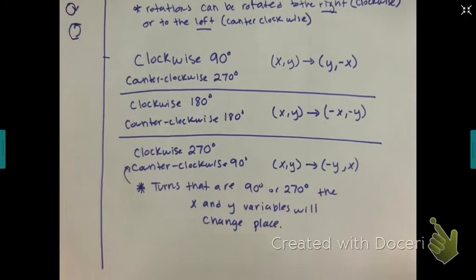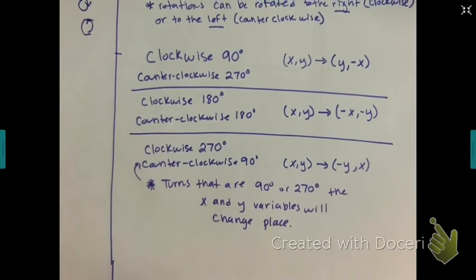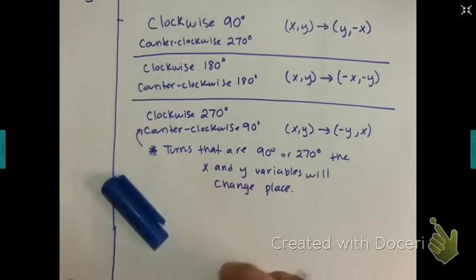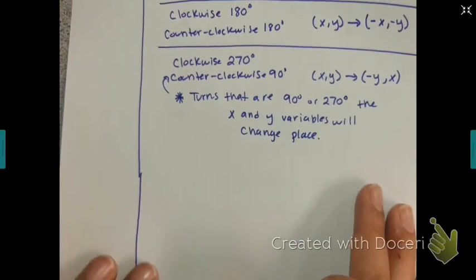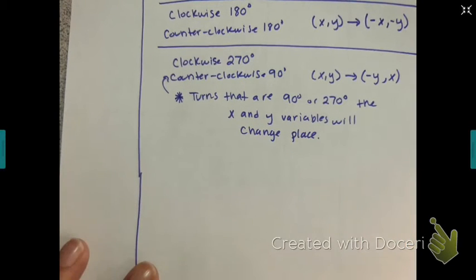Last thing I want to put on our information sheet is how many turns are 90, 180, 270, and 360.